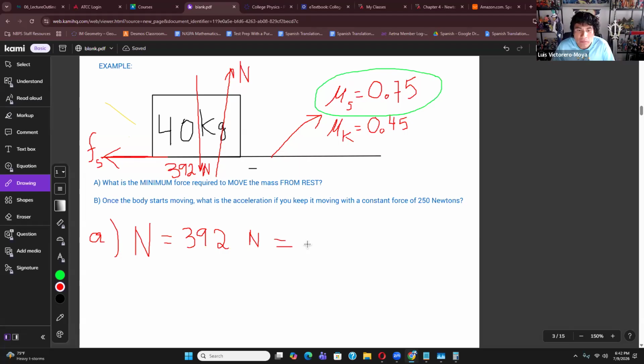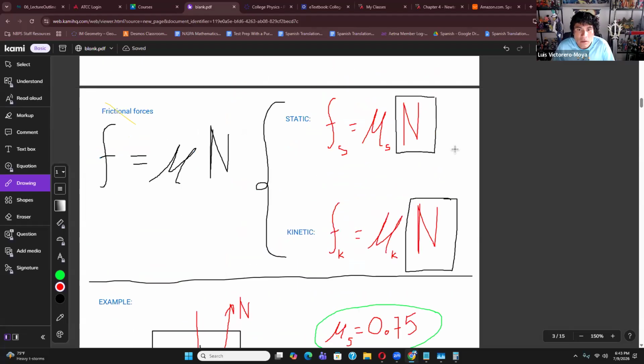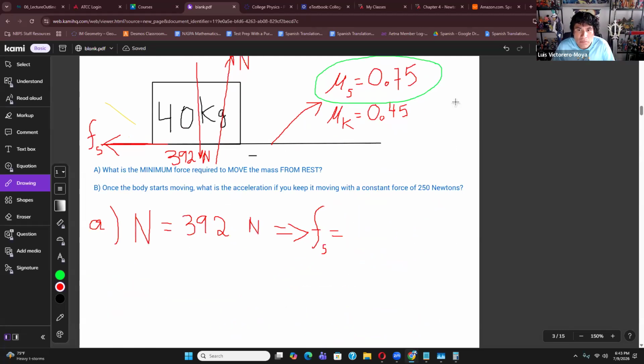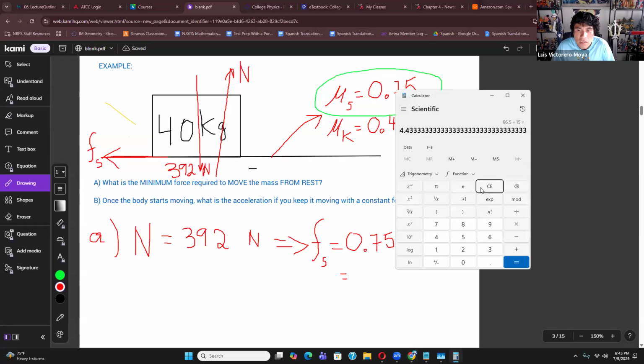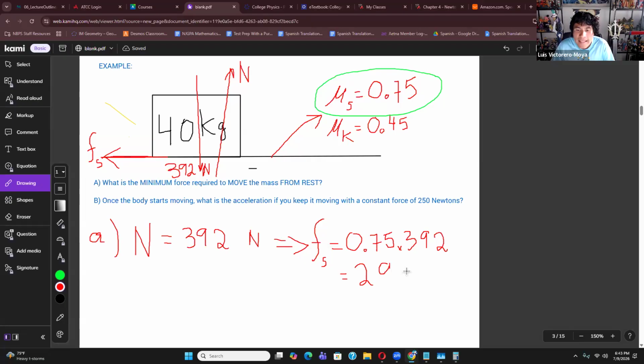Therefore, the static friction is mu s times normal. Mu s is 0.75, times normal. So my static friction is 294. Guess what? That is the answer for part A.